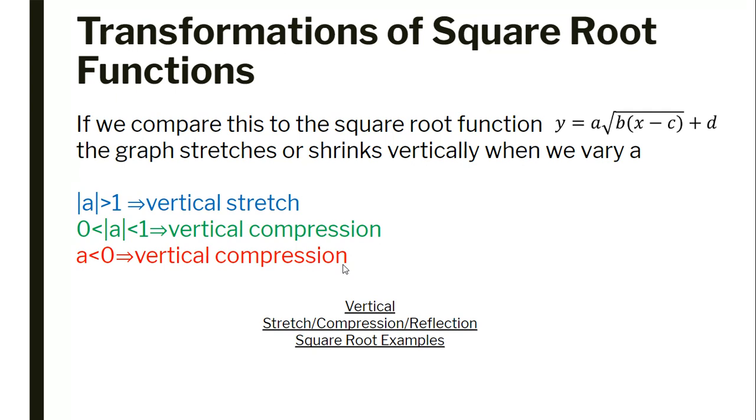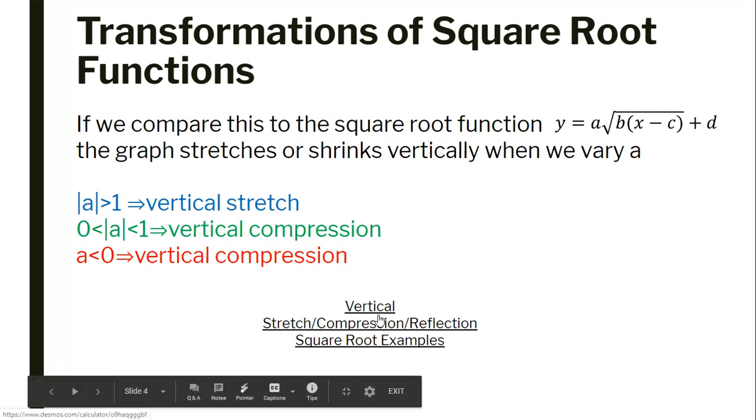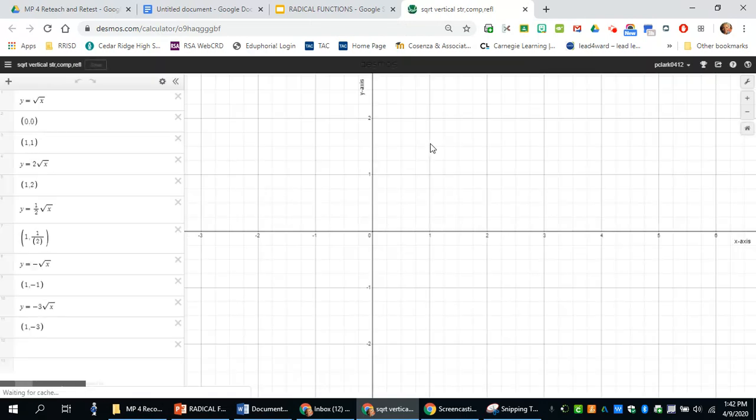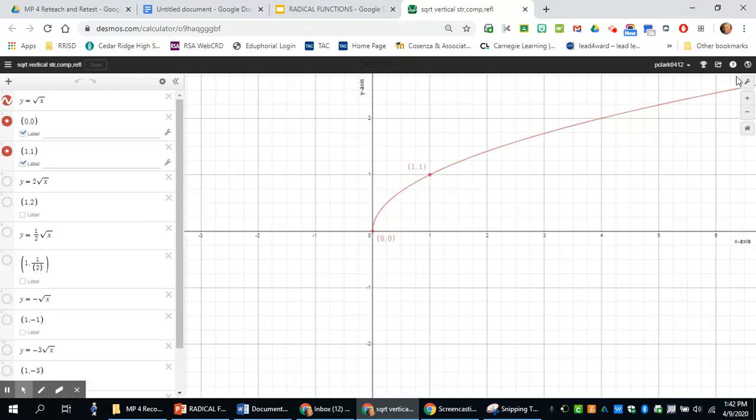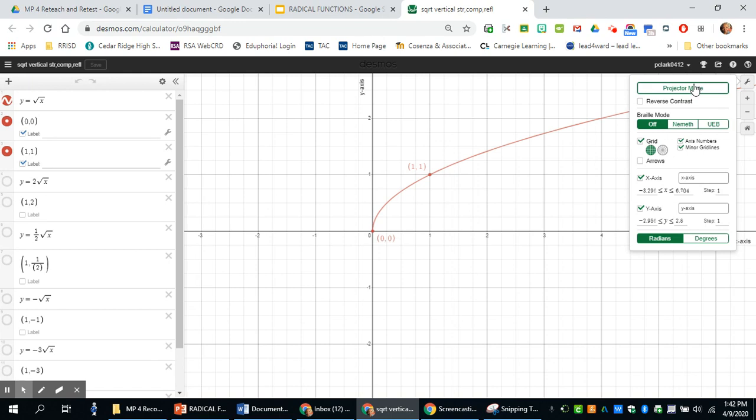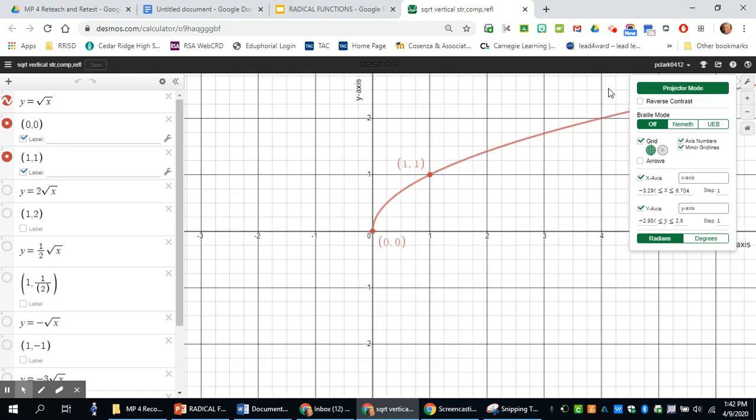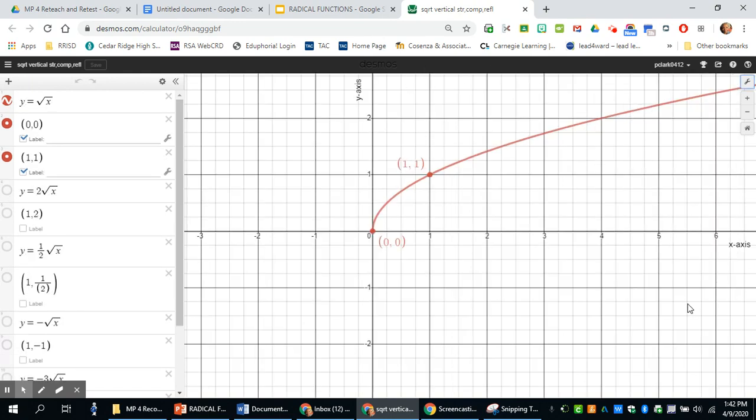Now let's take a good look at what that might look like on Desmos. So I'm going to Desmos. I am already logged in on Desmos, and we're going to just take a look at the parent function. I have it graphed here, and I have the key reference points 0, 0, and 1, 1 all mapped out for you.